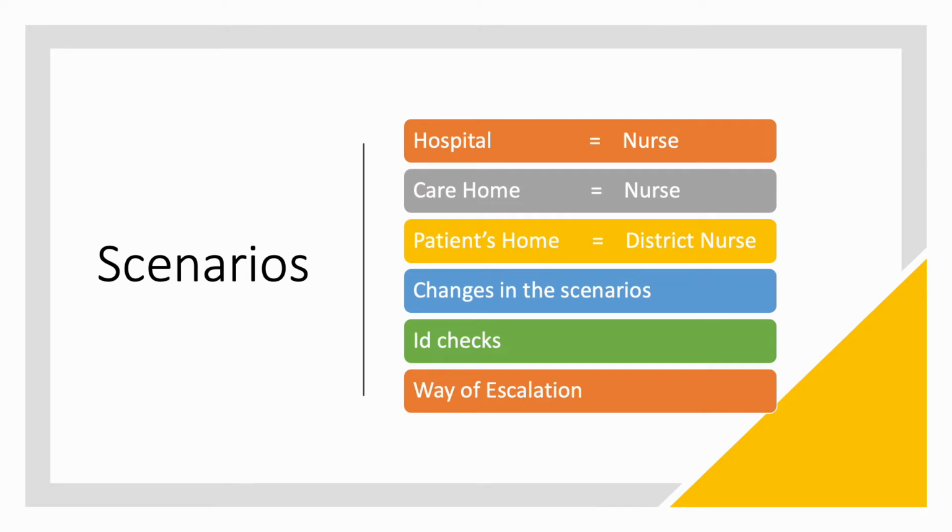But if it's a home setup, you need to verbalize, okay, Mr. so and so, I got these findings and I'm going to escalate it to your GP, or I will refer to the district nursing team, depending on whatever care the patient requires.